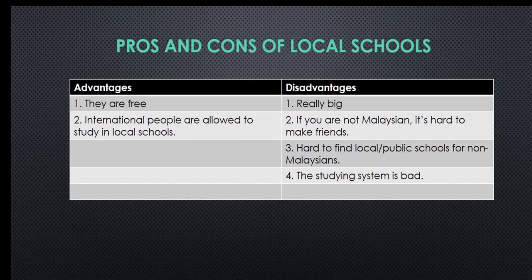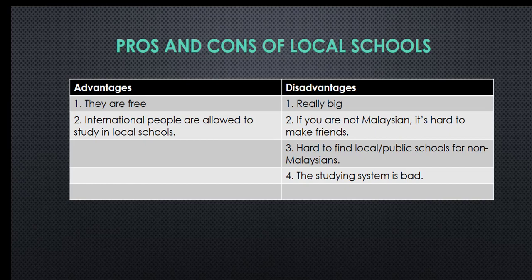Let's move on. So 3, it's really hard to find public or local schools for non-Malaysians. As I said earlier in the advantage part, it will be harder for an international person to find public or local schools, which is a disadvantage at one point. So the 4th is that the studying system is bad. As I said, international schools are British, American, Cambridge, Oxford.